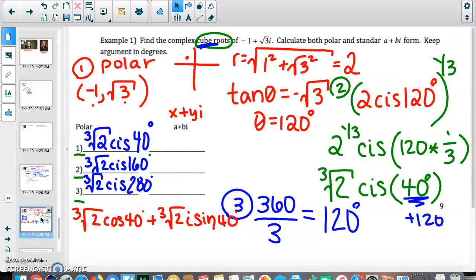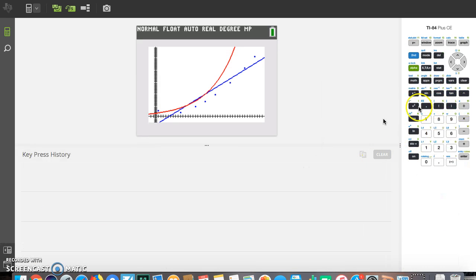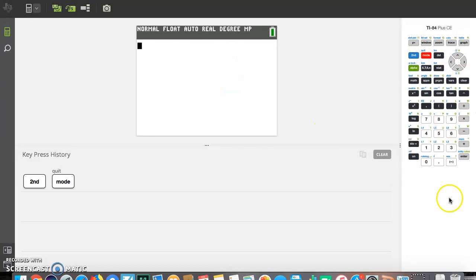And I do want to show you it on the calculator just one time to make sure you know how to do it. Ooh, algebra, fun. All right, so how you would type that into your calculator is I use my caret key. There's some different ways you can do it, but I would just type in 2 to the power of 1/3.